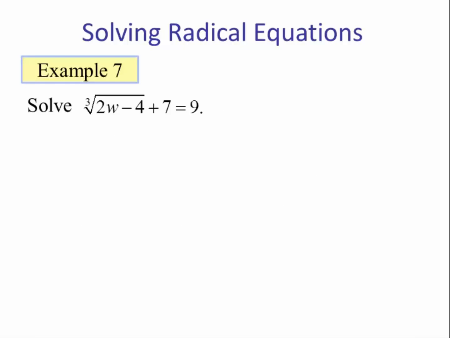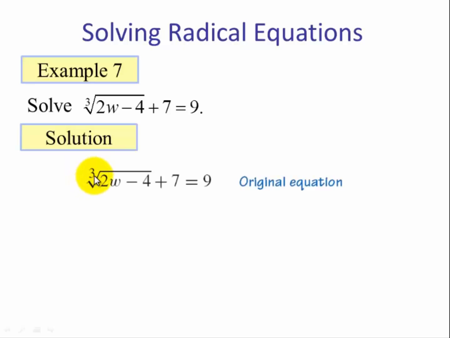Example 7. Solve the cube root of 2w minus 4, plus 7, equals 9. Solution. The index is 3, so we will want to isolate this radical and then cube it to get rid of the cube root.